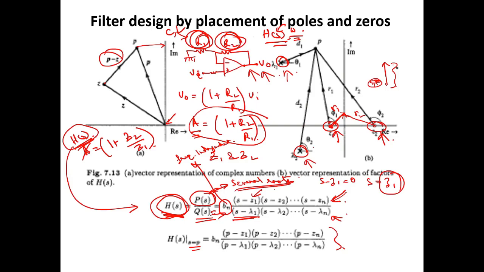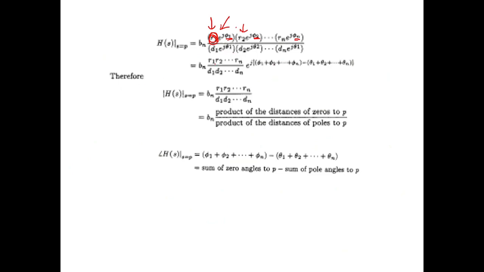Similarly, at the same point, the distance between this pole and the frequency axis is, say, P1. From here to here, we will have P2. So we get that. If we now take out the real components, and combine the imaginary components separately, what do we get?